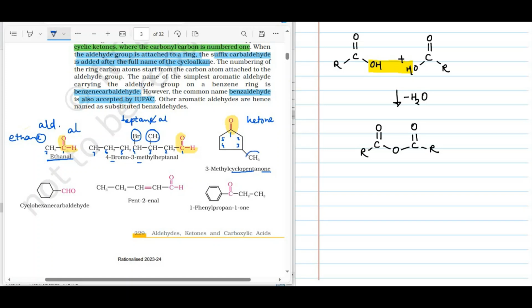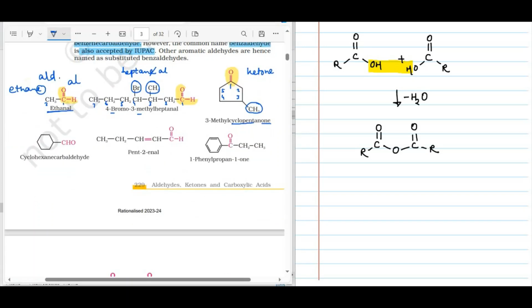Now there is a methyl substituent bonded to the third carbon. So the complete name of this molecule will be 3-methyl cyclopentanone. Now come to the next example. First of all identify the functional group. So here the CHO group is there, meaning this is an aldehyde bonded to a cyclic alkane.